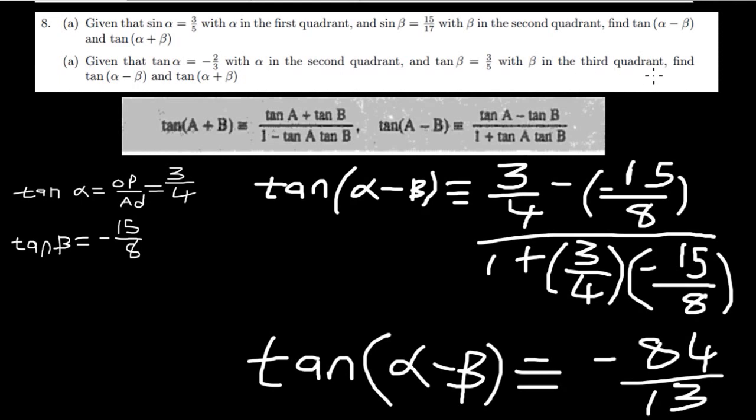And then you find the final answers. You just plug in all the numbers that you've been given, tan alpha and tan beta, and you find your final answer.